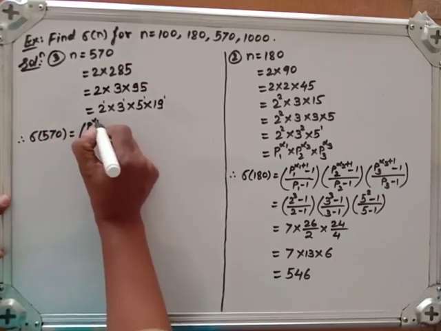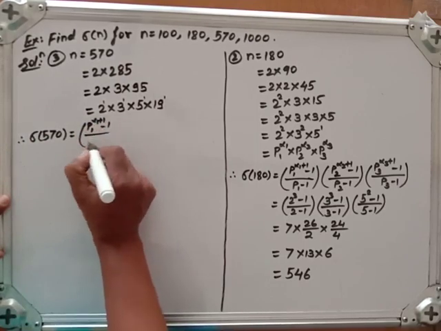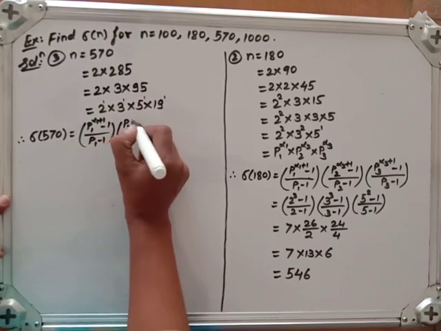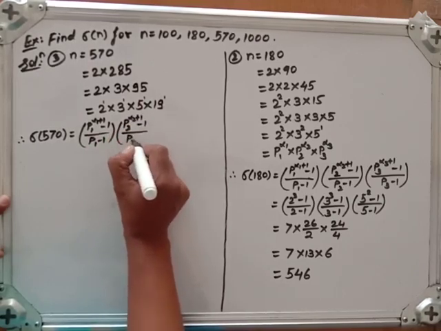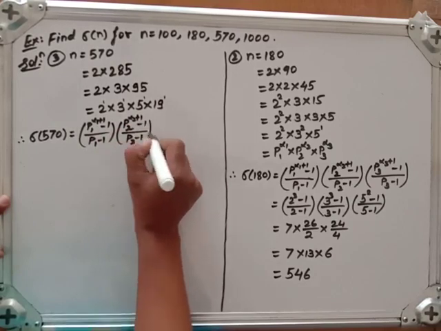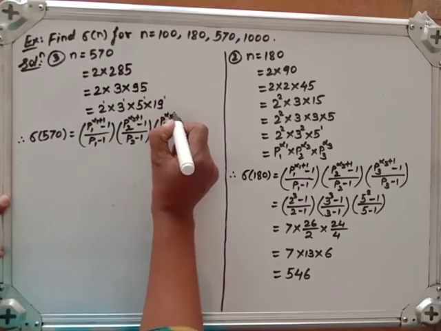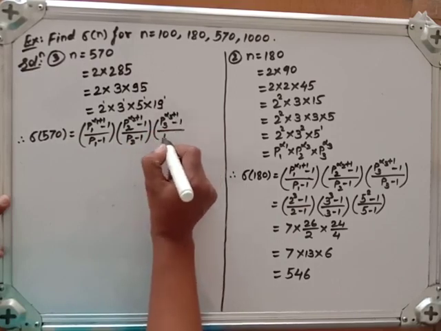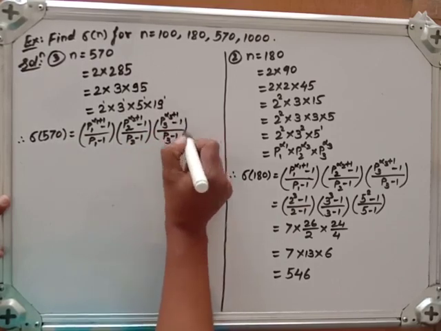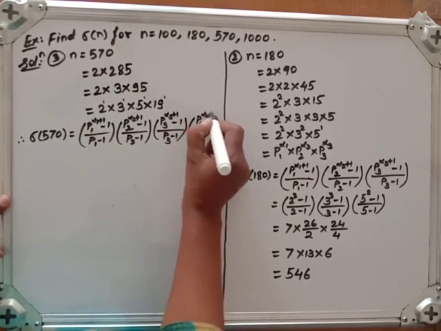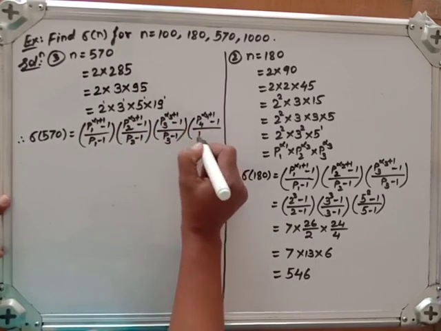P1 raised to alpha 1 plus 1 minus 1 upon P1 minus 1 into P2 raised to alpha 2 plus 1 minus 1 upon P2 minus 1, P3 raised to alpha 3 plus 1 minus 1 upon P3 minus 1, P4 raised to alpha 4 plus 1 minus 1 upon P4 minus 1.